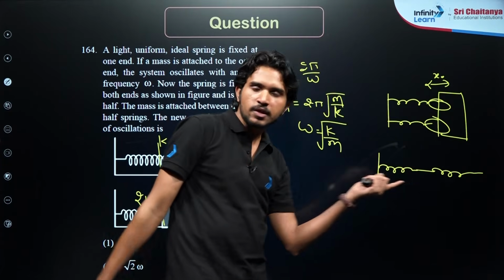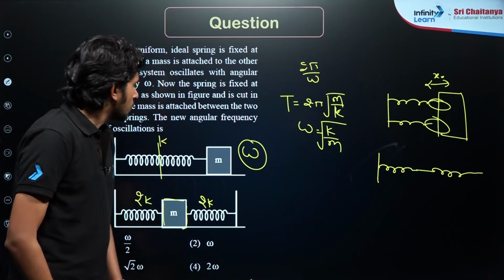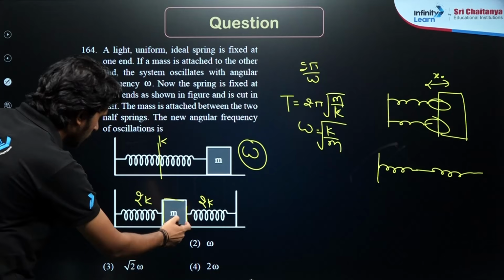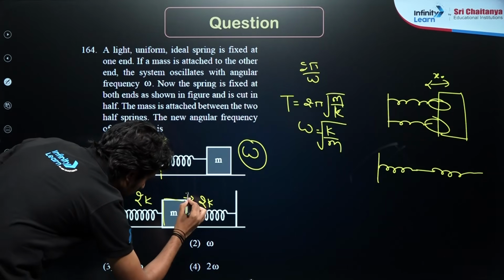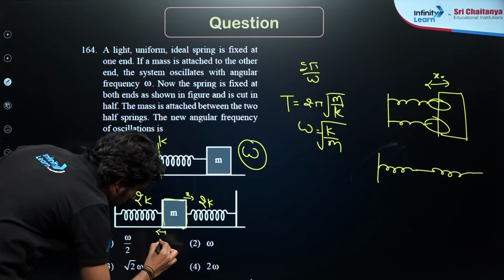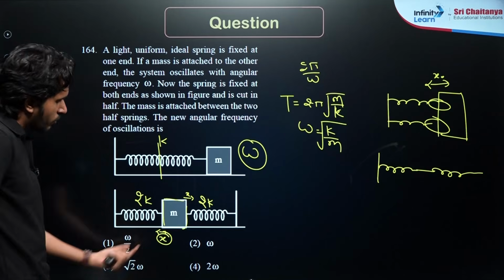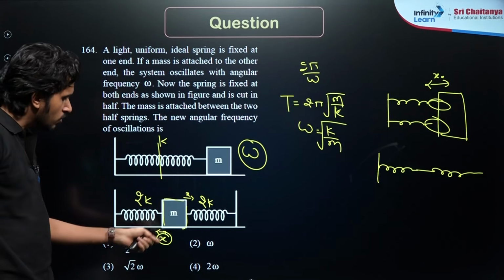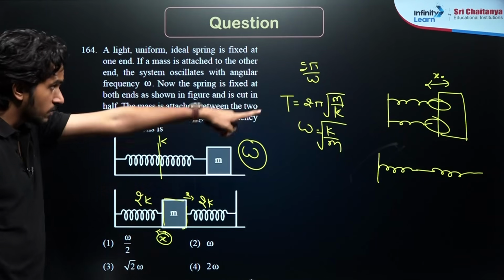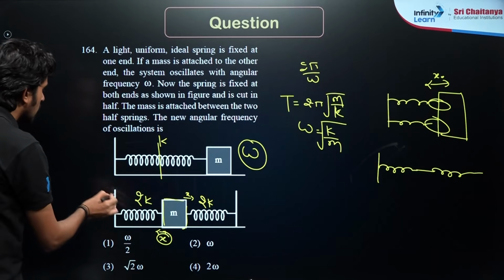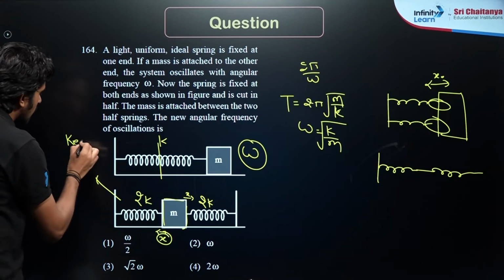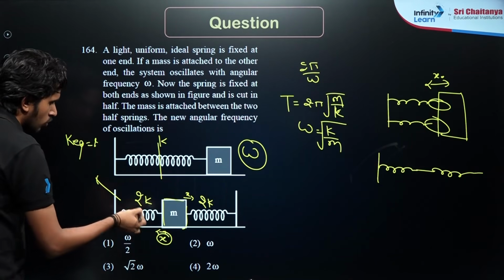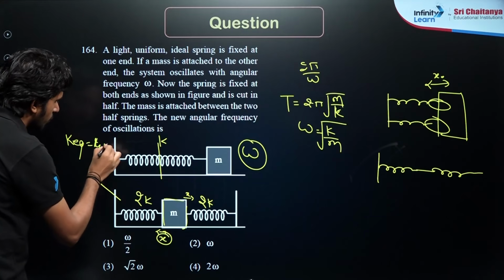Then kx will be equal, force will be equal. So similarly, if I apply here, if expansion of this is x, then the same amount of expansion or depression will be here. Okay, so that is a parallel combination. And in parallel combination, k equivalent is 2k plus 2k, that is 4k.